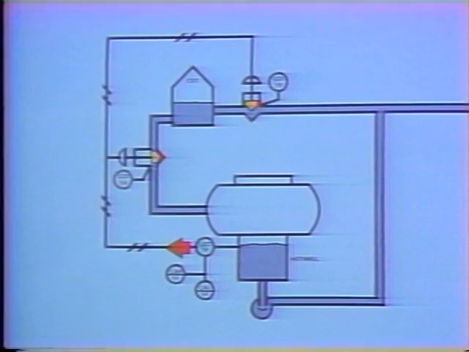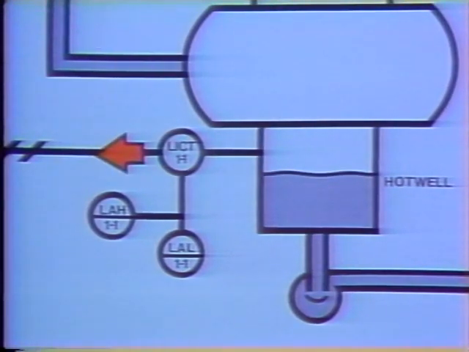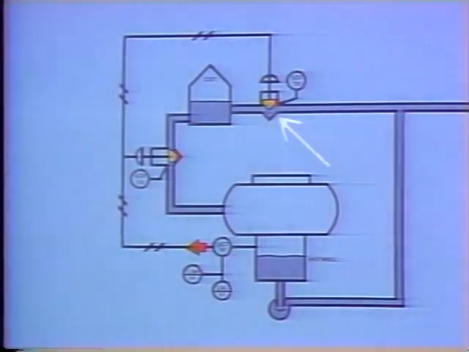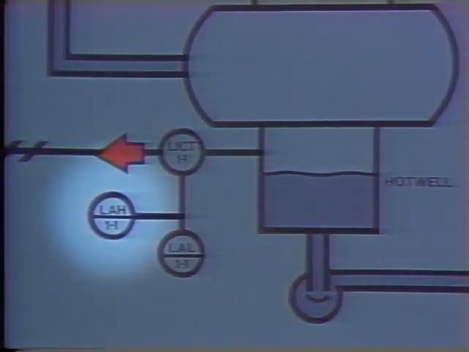When it opens, water in the condensate system is redirected to the condensate storage tank. As level in the hot well decreases, the transmitter signal decreases, closing 1B. If this action doesn't return the system to normal, then the high-level alarm will alert the operator to the problem.